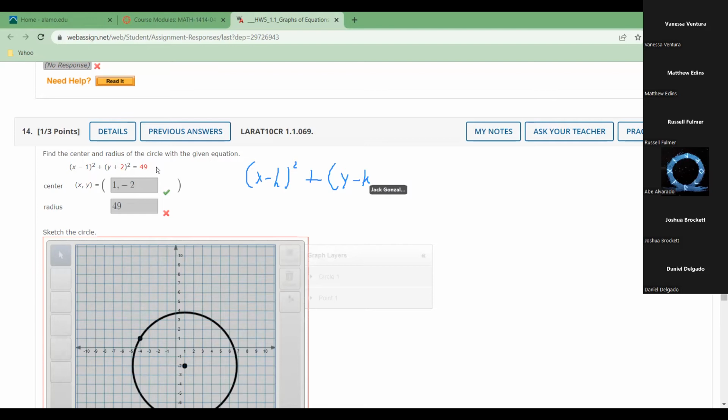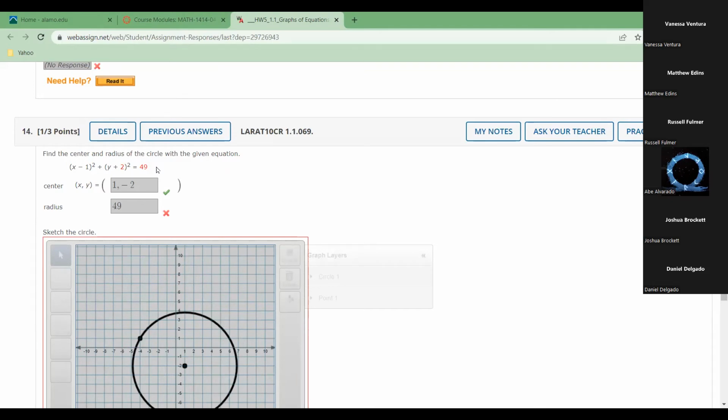So this right hand side is equal to r squared. So if you need r, you just square root this piece only. And if I don't have r... what if they didn't give me the 49 and they asked me to get a point?